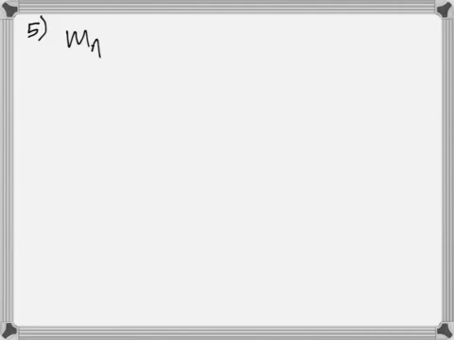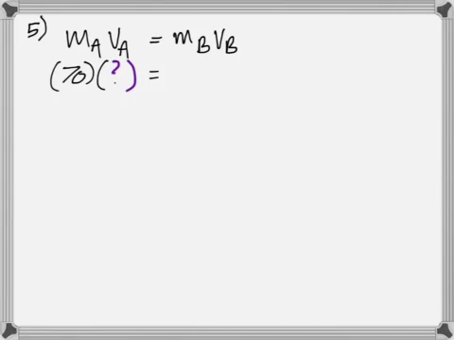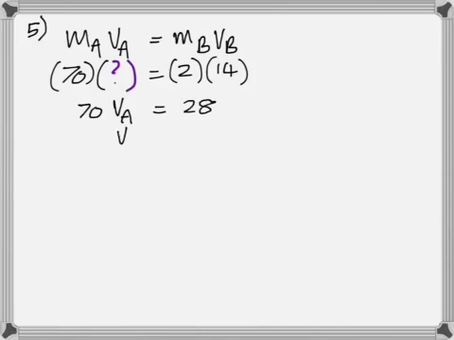In the fifth question, m_A v_A is equal to, actually it's minus m_B v_B, as I will show below, but just to get the numbers, 70 times the unknown is equal to 2 times the velocity, which is 14 meters per second.